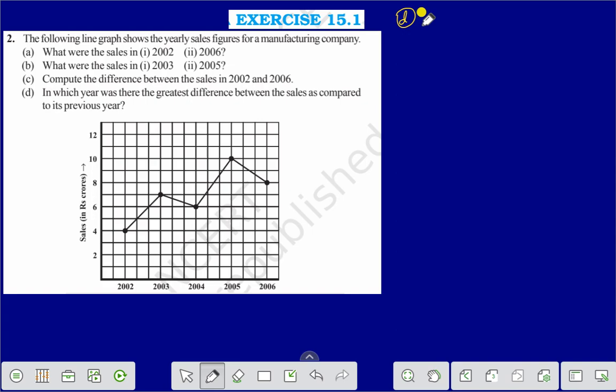Let us find the difference between the sales.